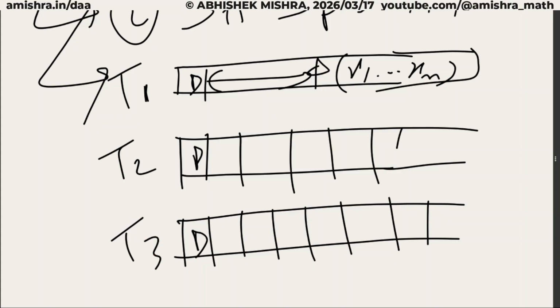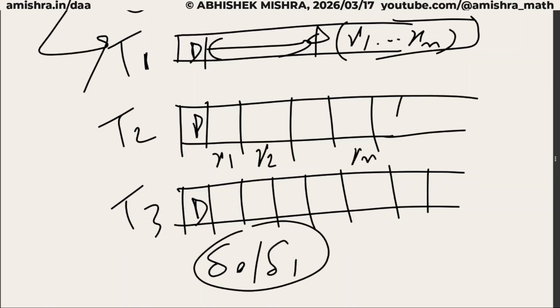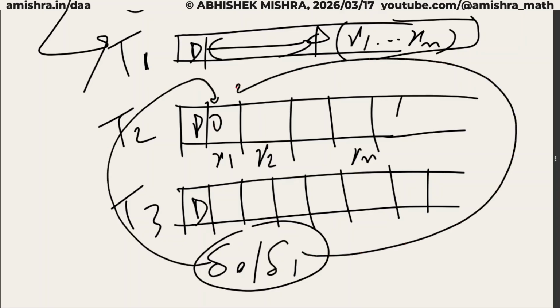On the second work tape, what we can do is assign a cell for each variable x1, x2 up to xn, and again make use of delta 0, delta 1 moves. So delta 0 move will write a 0, delta 1 move will write 1. This way we guess a value, either 0 or 1, for all of the variables using non-deterministic moves.